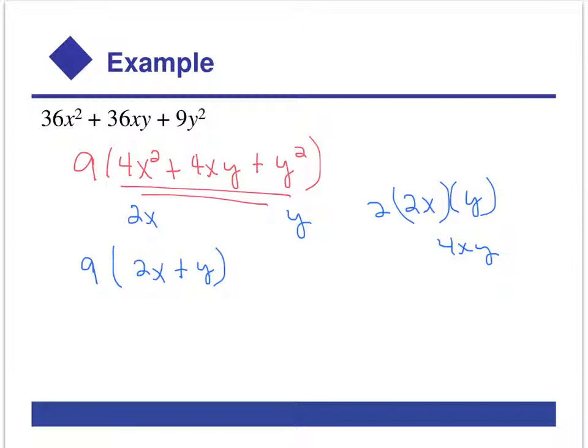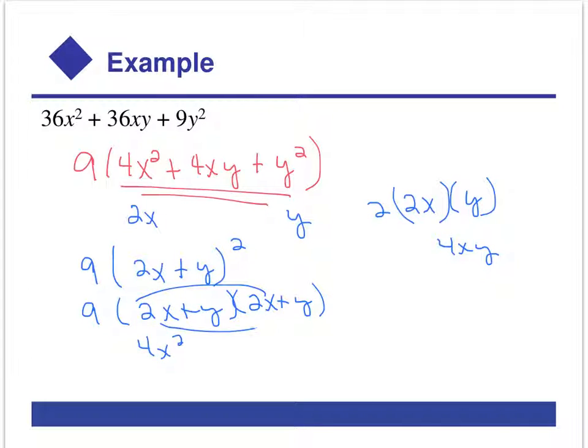Let's check this one by multiplication, squared, and see if it works. So you leave the 9 here, so now we go 2x plus y times 2x plus y. So FOIL, we get 4x squared plus 2xy plus 2xy plus y, whoops, that's a y squared.